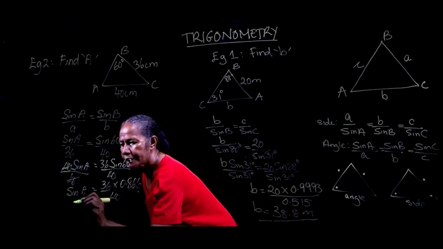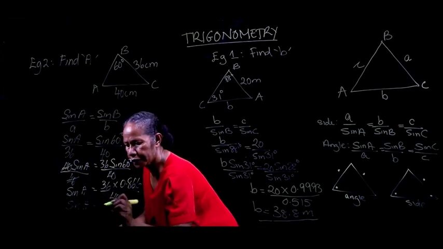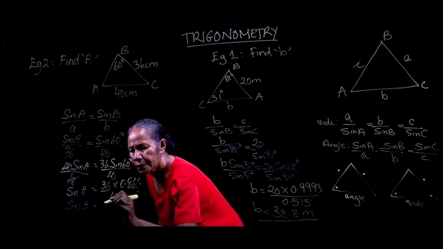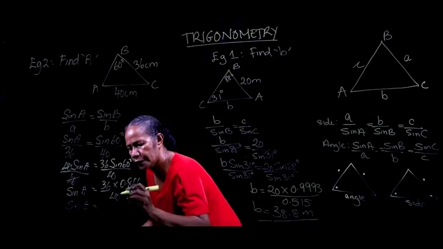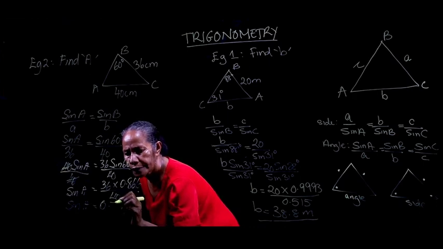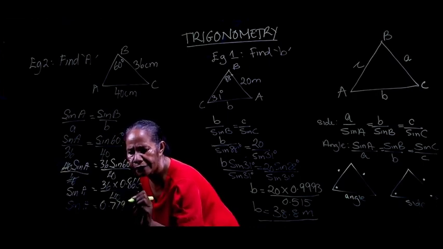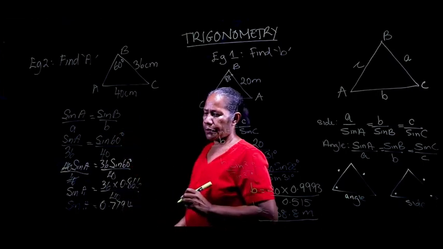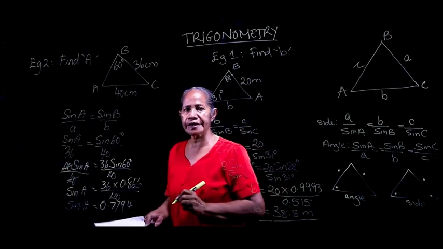So sine A is equal to 0.7794. That is the decimal value of sine A.